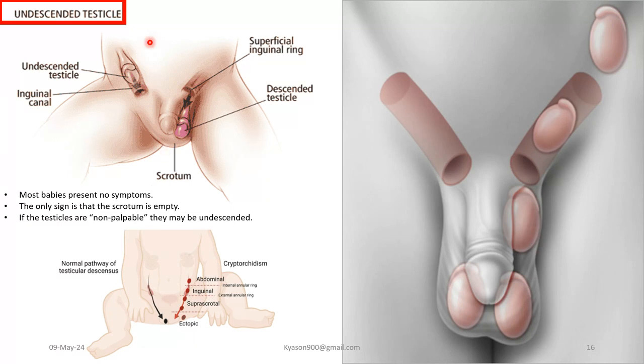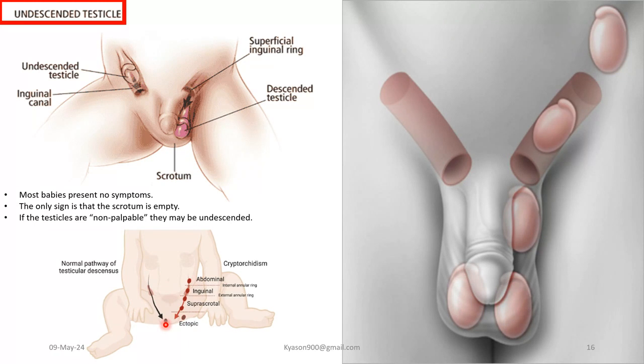If this condition is not managed, once these patients reach their reproductive age, there's a higher chance that they may be infertile. Because remember, it's just one testicle that is in its right position, and testicles have to be in the scrotum. They're not supposed to remain in the abdominal cavity because of the high temperatures within, because of the metabolism.